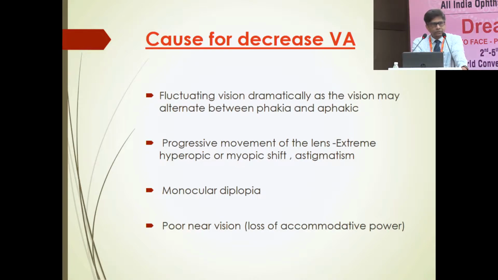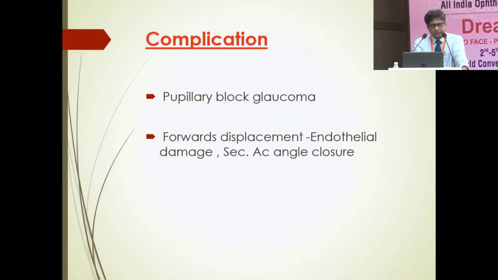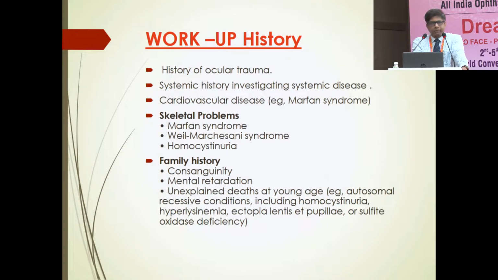Now, we need to know the causes of decreased vision, which can be due to fluctuation of the lens into phakic and aphakic position, due to significant hypermetropic or myopic shift, and also monocular diplopia. And there can be loss of accommodation as well. And the complications, as I have already said, can be pupillary block glaucoma due to forward movement of the lens, and endothelial cell loss.